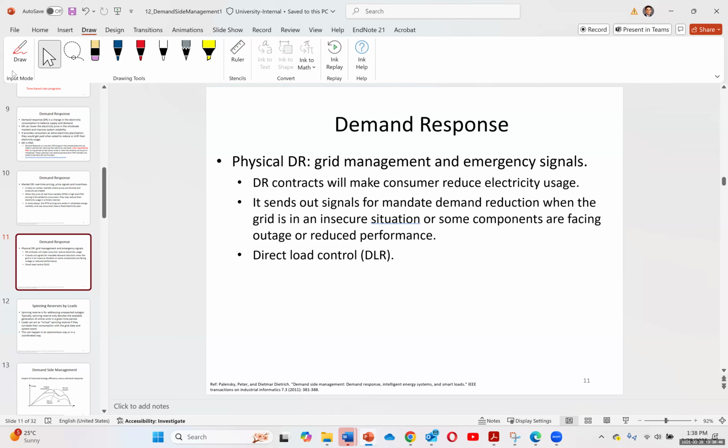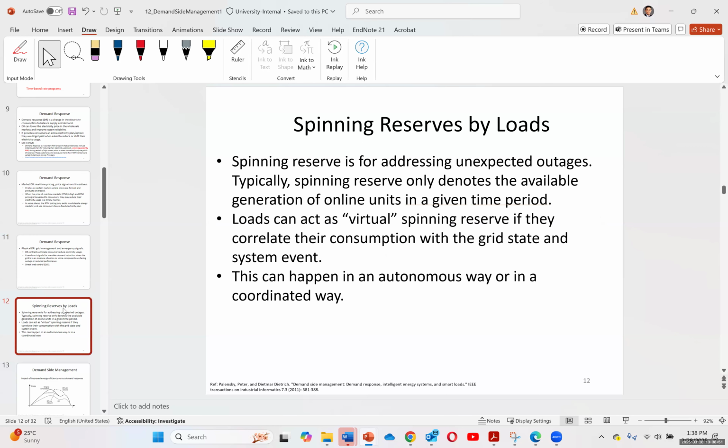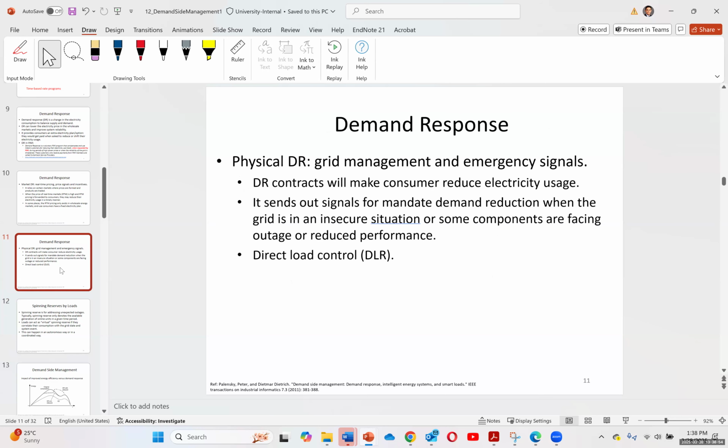And we have the direct load control as well, where sometimes the consumers give consent to the power company to control some of the demand, like HVAC in newer systems. This has actually been tested in California. So the power company could have control over your HVAC system, or your smart plugs, and for example, stop charging your EV when there is high demand, and they could reduce your demand physically, directly.